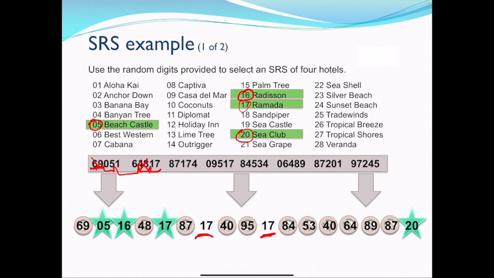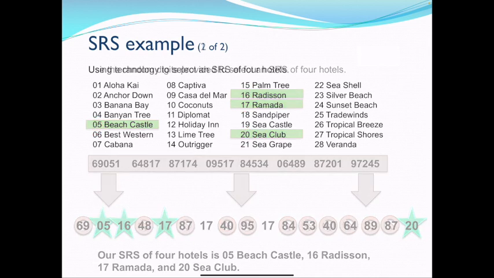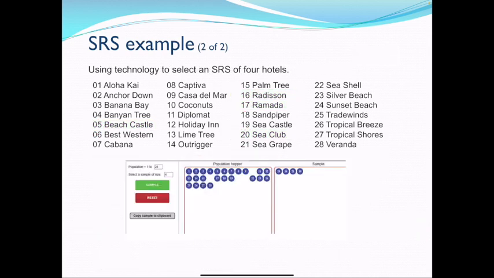So here's our simple random sample, and then we can collect information about these 4 hotels. We could have also used technology to randomly find a simple random sample of 4 hotels. We can do this automatically in R, as well as you could use a table.